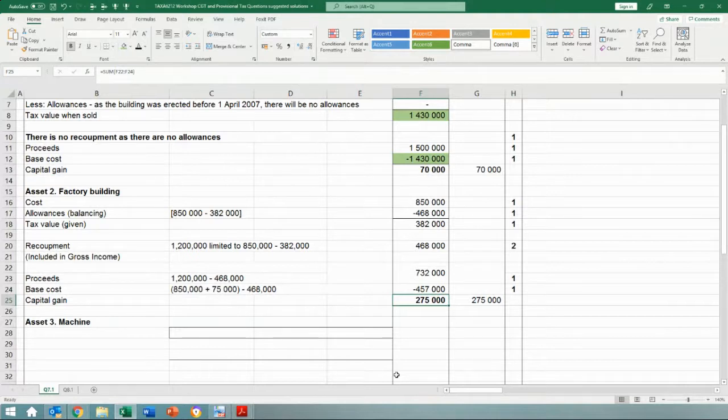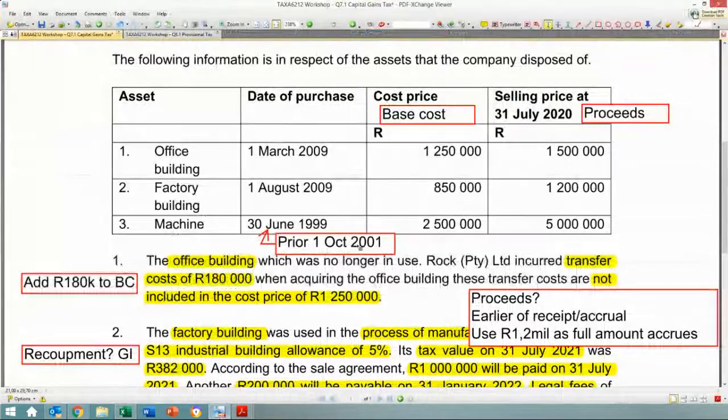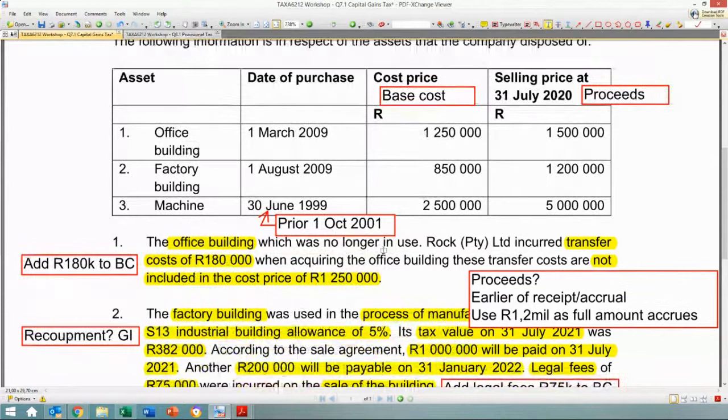So it is very important that you understand how to calculate the recoupments, because you would have to adjust both your proceeds as well as your base cost with the amount that has been recouped for any previous wear and tear allowances that was allowed. Okay, now asset number 3, because it's pre-October 2001, it is important that you know the rules and you know which value to use.